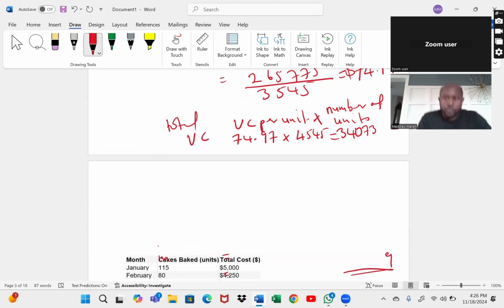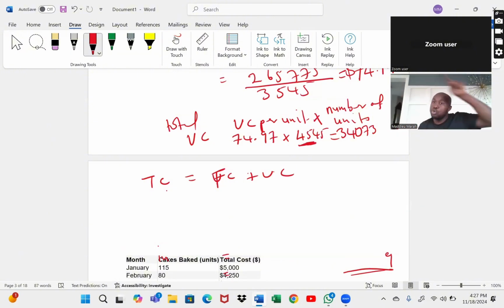Now we have our variable cost in total. Now, remember, our total cost is equal to fixed cost plus variable cost. Because we use the high activity to calculate our variable cost, we're going to use the value for the high activity.